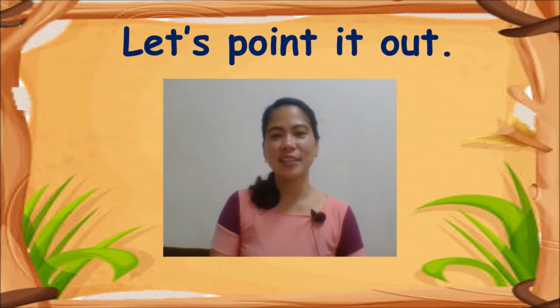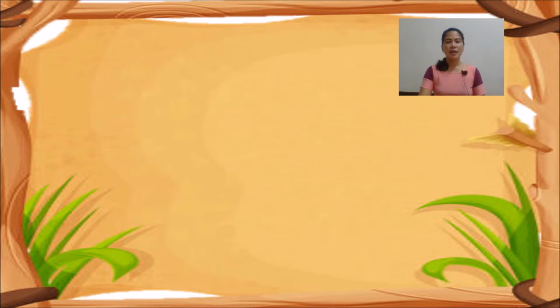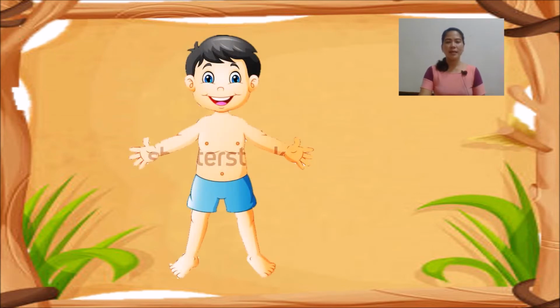And the next thing that we're going to do is to point it out on our whole body. Okay, so let's do it. Here is the body parts or the whole body. And we're going to point them all.